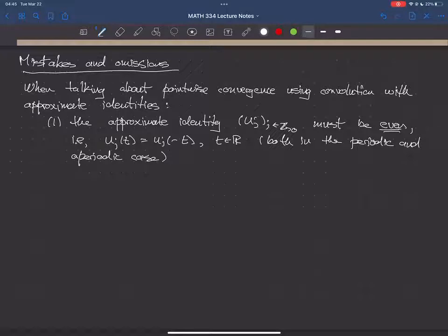And the other thing that happens is because of this condition, you can't have that result for the approximate identities on the positive half-line. I had omitted that when I first stated the convergence results on the positive half-line, and then I decided that it should have been there, but that was a mistake.